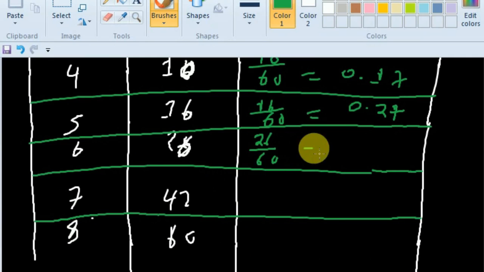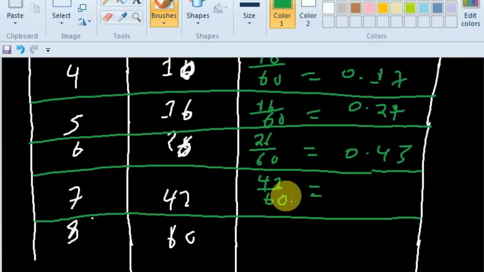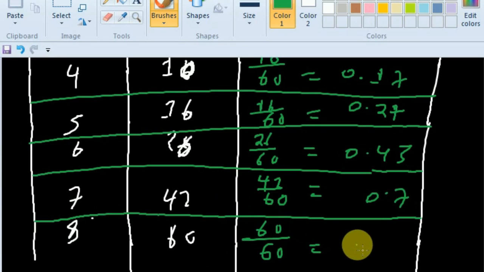So 26 divided by 60, that's 0.43. Then for this one, I know the cumulative frequency is 42 divided by 60. My answer is 0.7. For 8 there, I have 60 divided by 60. My answer there is 1. So that's how you can find the relative cumulative frequency.